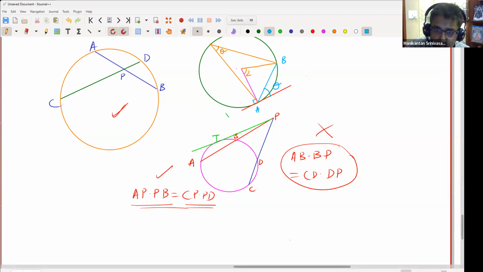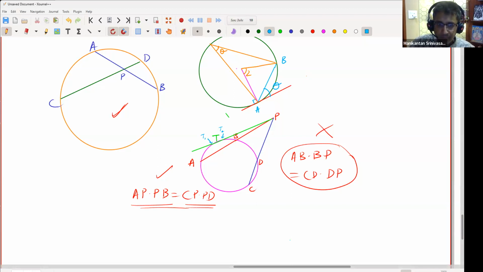Let's say one of them is T1, one of them is T2. We are eventually going to make sure T1 and T2 coincide and reach T. But for a second, just imagine T1, T2 is also another chord, a very, very tiny chord.